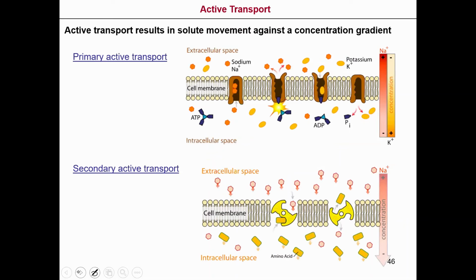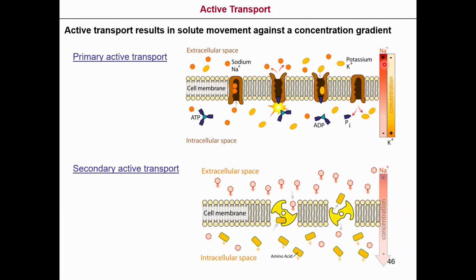So active transport results in movement against a concentration gradient. The passive transport is down a concentration gradient. For the active transport, it's against the concentration gradient. It means that you transport something from the low concentration compartment to the high concentration compartment. And you have two kinds of active transport. The first one is primary active transport.